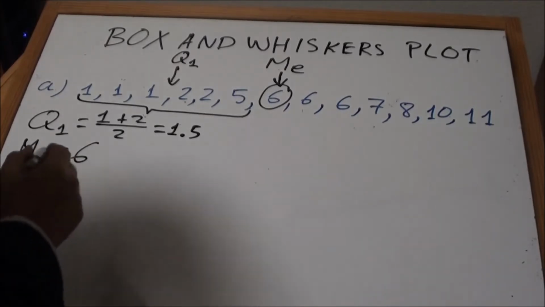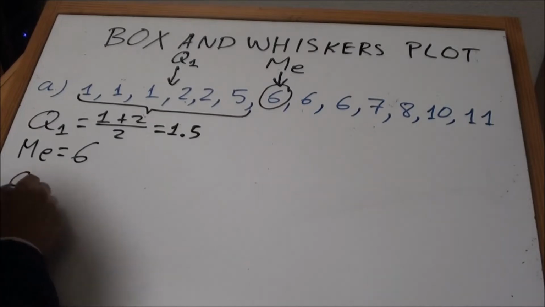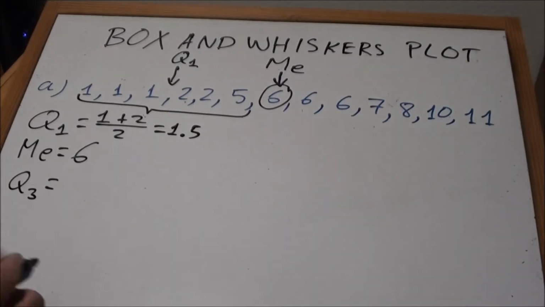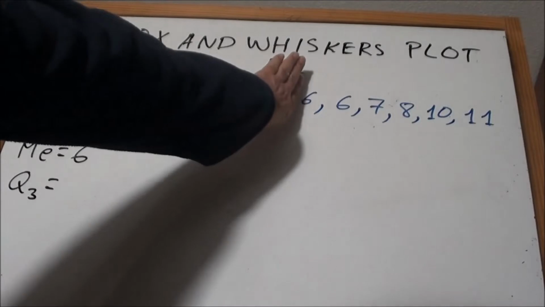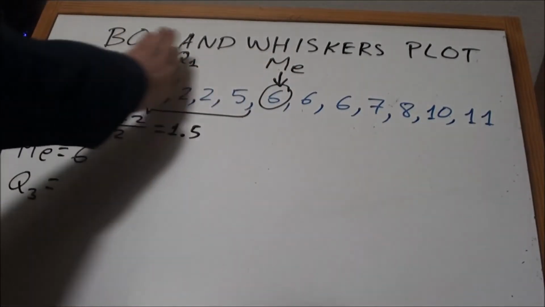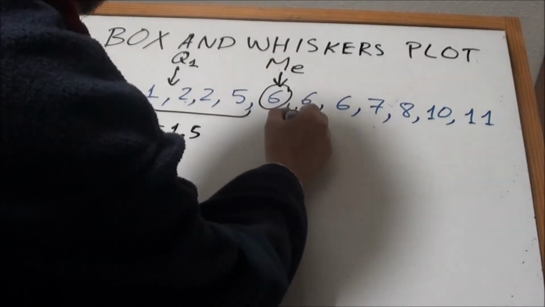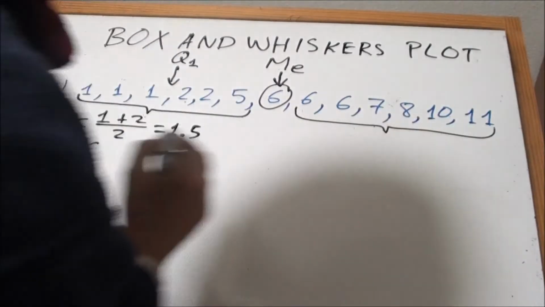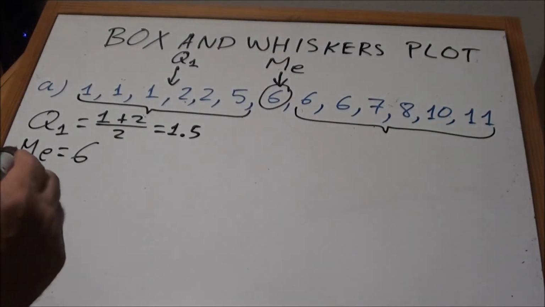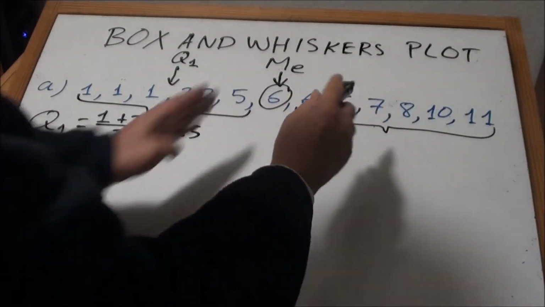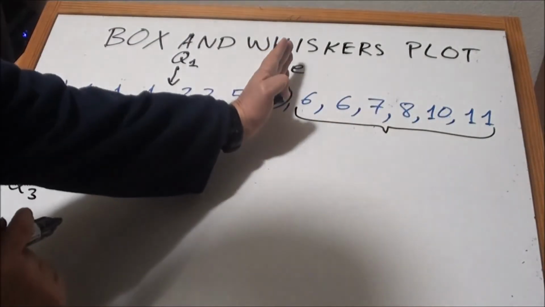And now we are going to find the third quartile. Forget about the lower part of the distribution. Focus on this part of the distribution, and we are going to find the median of that part.